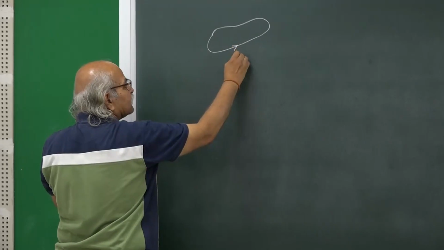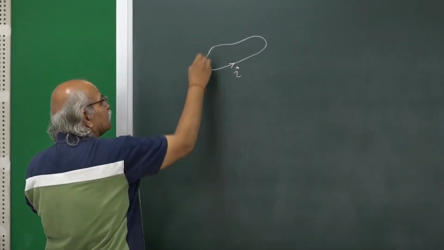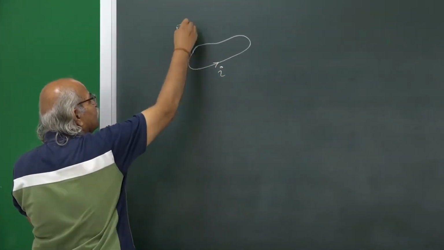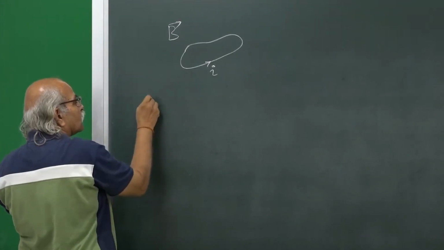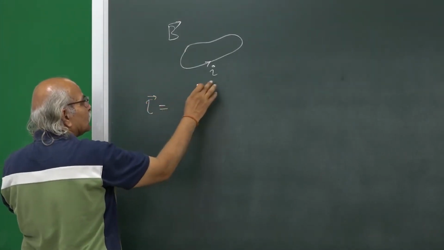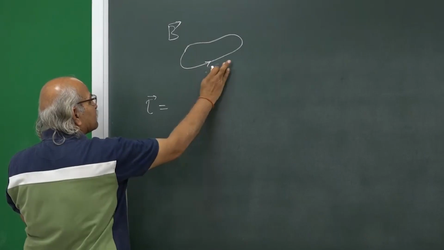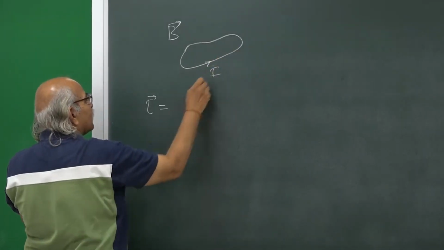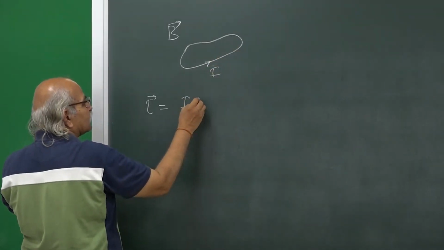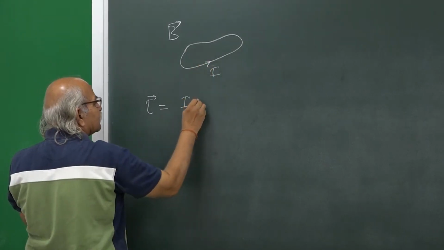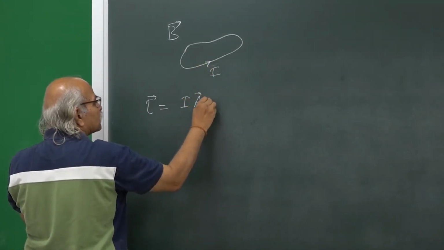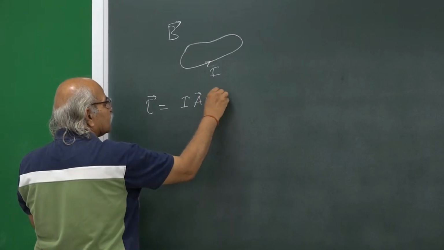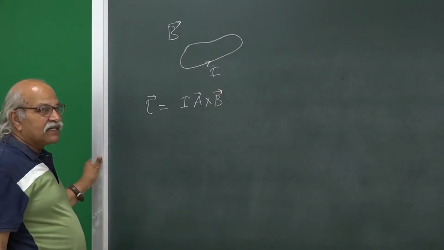And we derived the expression for that. If you have this current loop, let us say this is current I, then uniform magnetic field B, then we wrote torque is equal to I, capital I, the current, times area vector A, and then cross product with B. What was area vector?